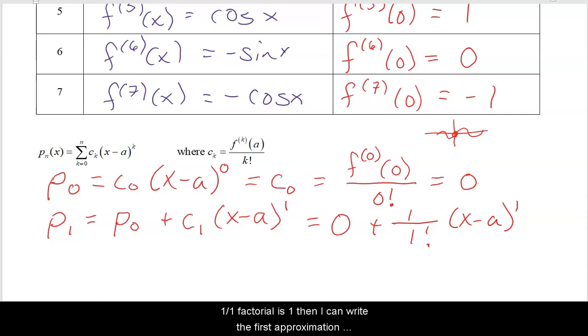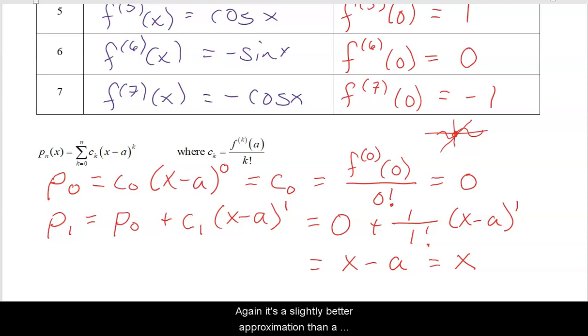Since 1 divided by 1 factorial is 1, then I can write the first approximation to sine as the line x minus a. But remember that a is the center, which is 0, so this becomes the line x. On the graph, that would be the line that goes through the origin with slope 1.